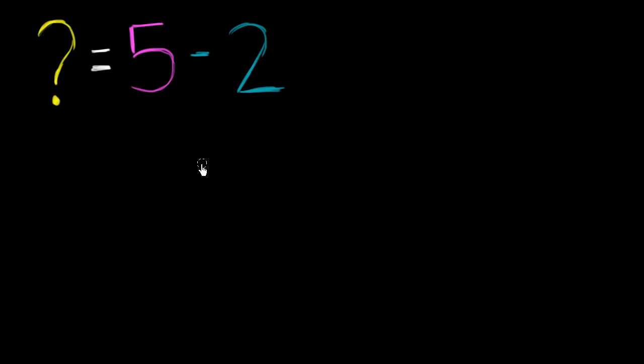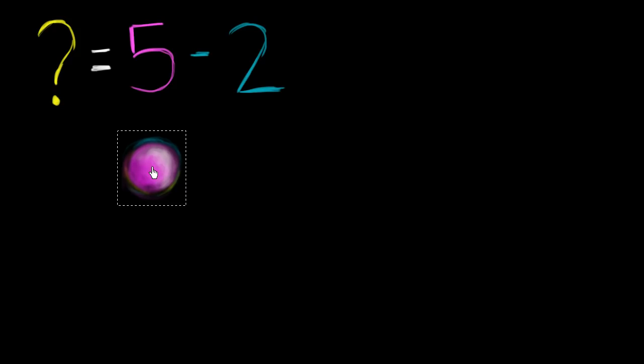So there's some unknown number right over here, so I'll just put a question mark, and we say that unknown number is equal to 5 minus 2. So what is this going to be? Well, let's visualize it. This means I have 5 things, and I'm going to take away 2 of them. And this is going to be what I have left over after I start with 5 and take away 2.